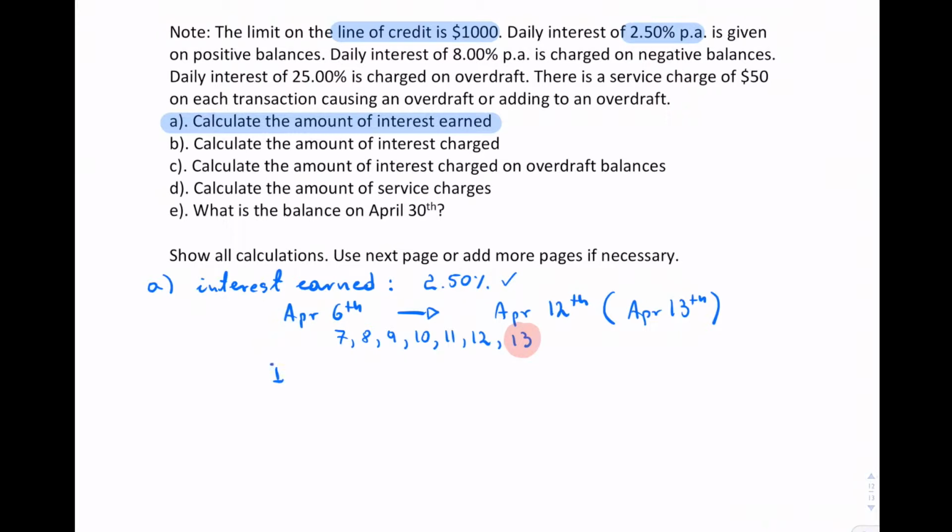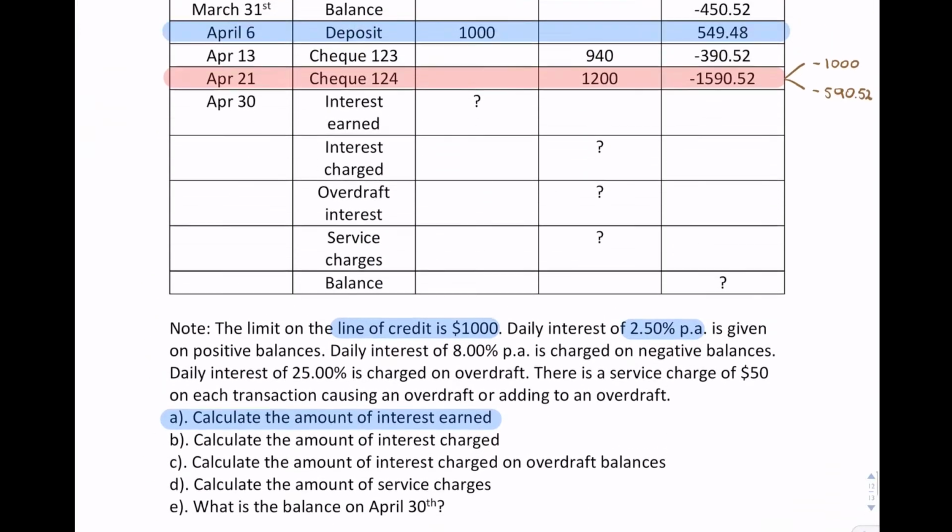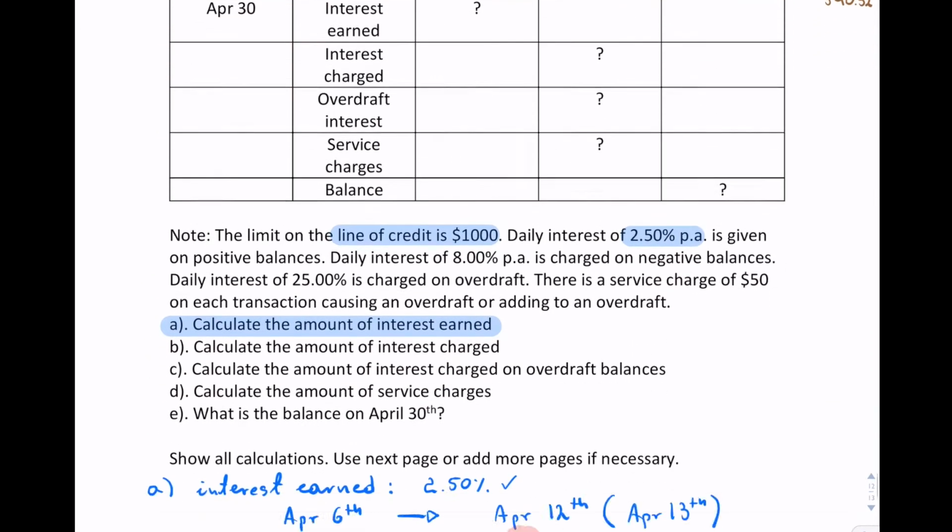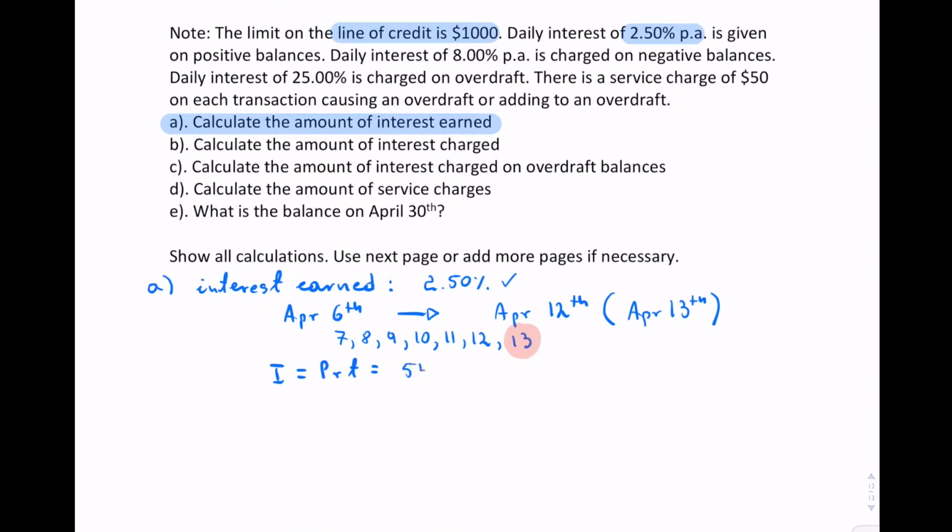Which means our interest earned, which is PRT, is 549.48 times R, which was 0.025, for 7 days.